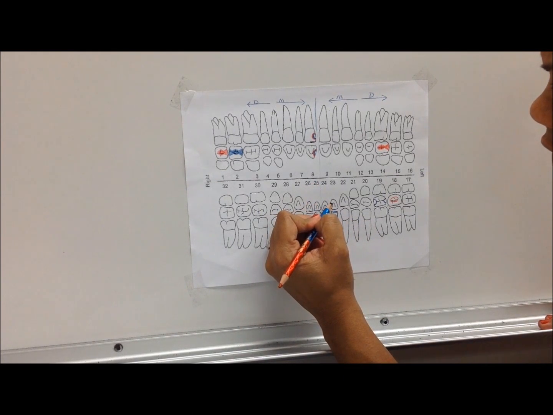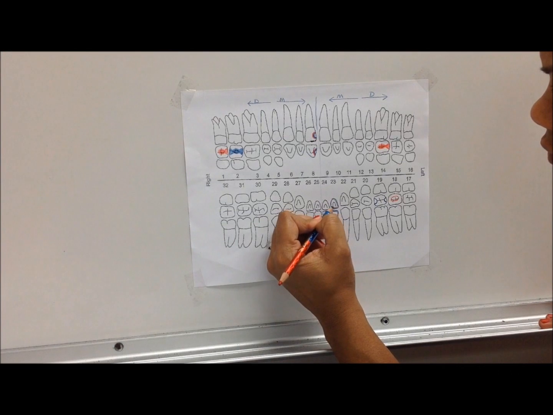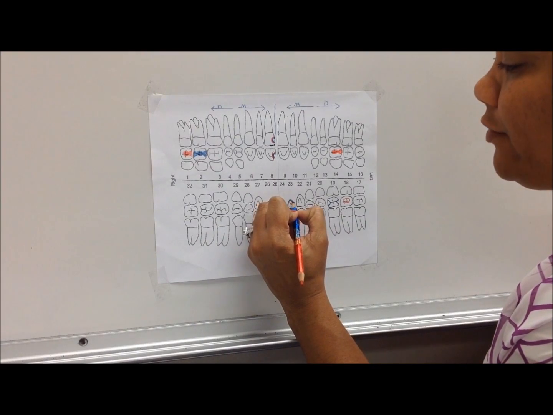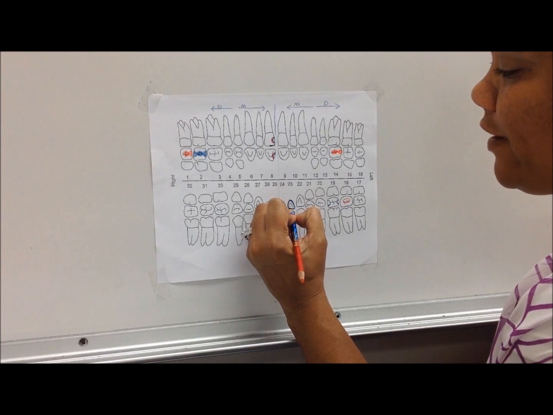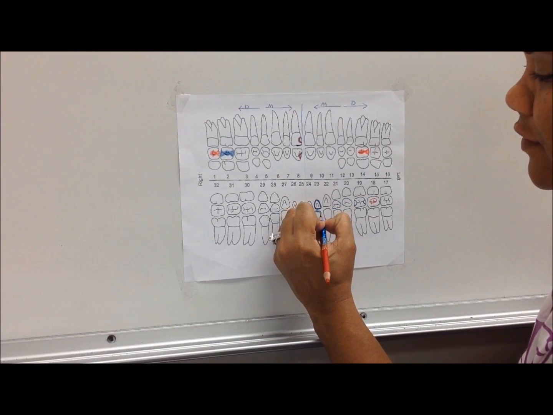And outline it on the lingual surface as well. So we're coloring number 23 for a porcelain crown, and all you have to do is outline the tooth.